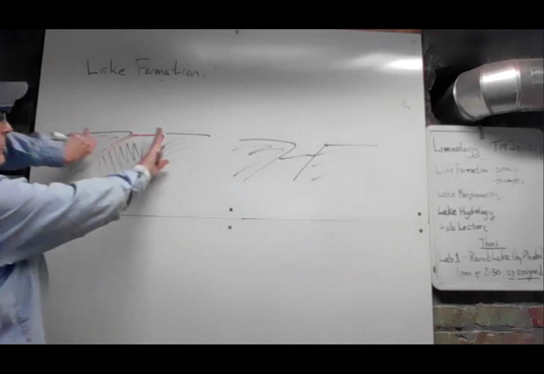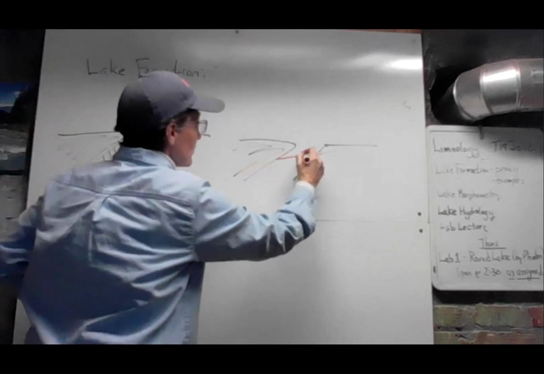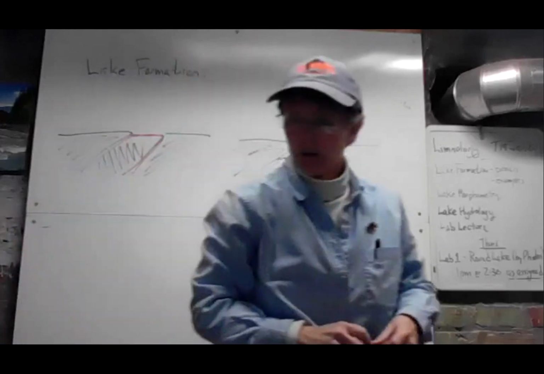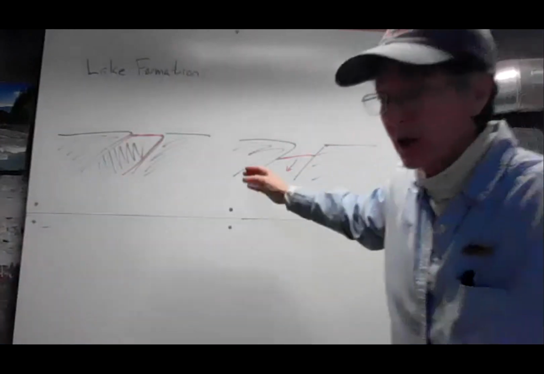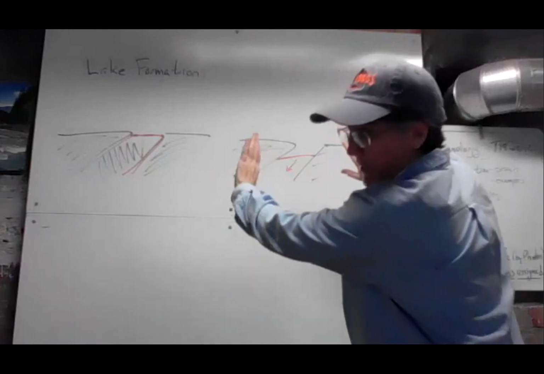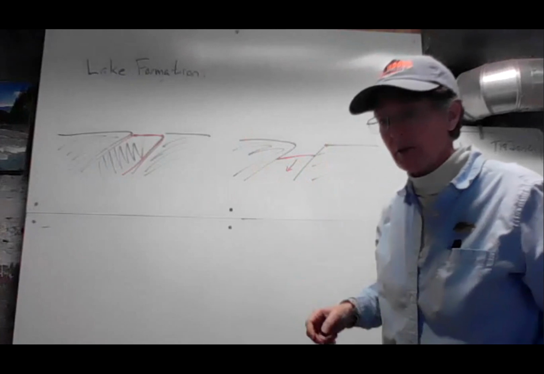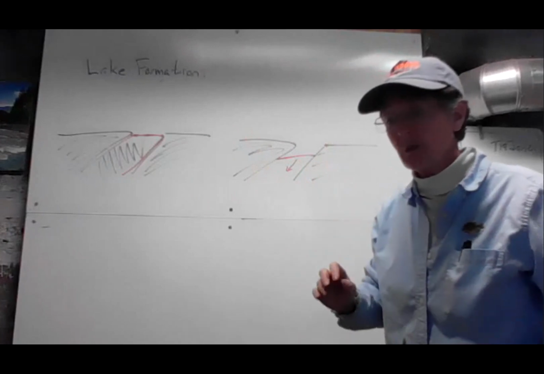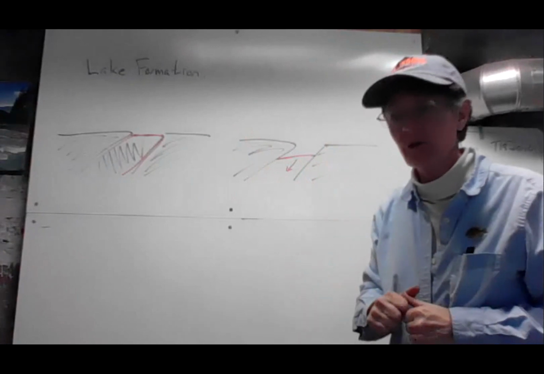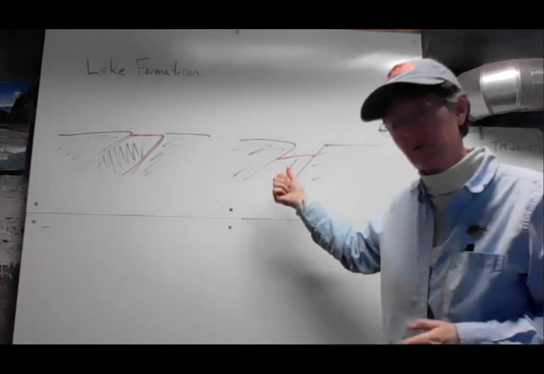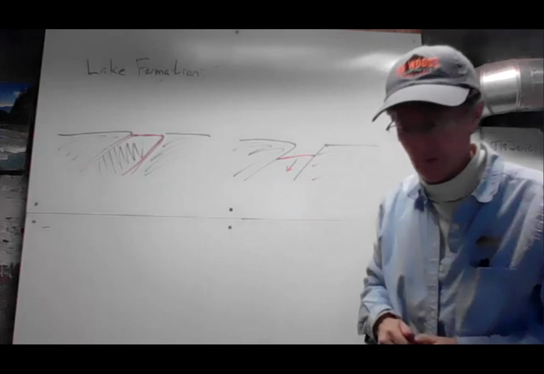So if these two move apart, this one might actually fall. Now you've got a depression in between two plates, tectonic plates. This is called a graben, and the oldest, deepest lakes on Earth are tectonic in origin of this basic type.